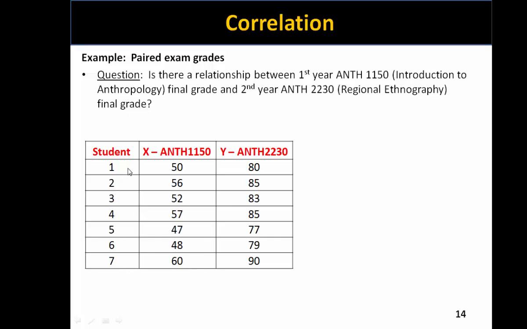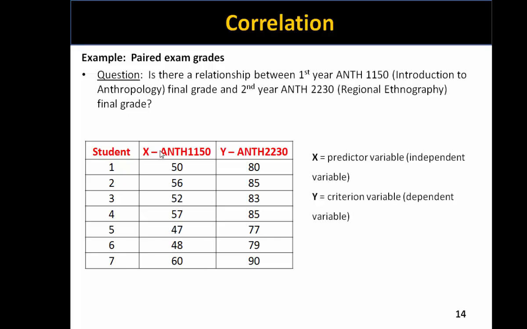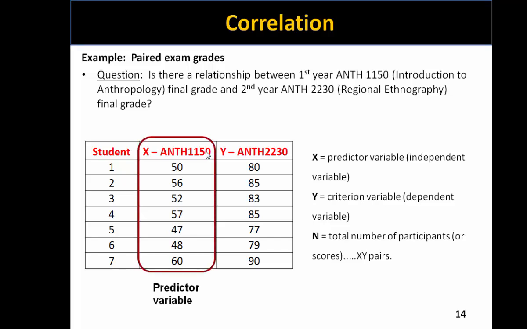So our N in this problem is 7, as we have 7 pairs. X is our predictor variable. Y, once again, is our criterion variable. That is the score in the second year course as compared to the score in the first year course. And N refers to the total number of participants or the total number of XY pairs.